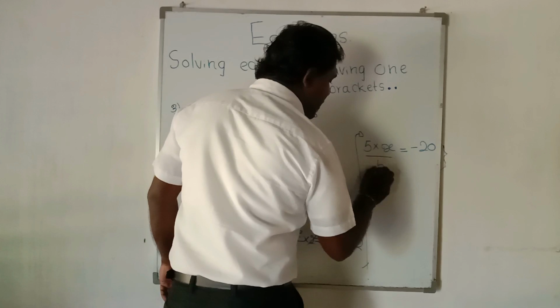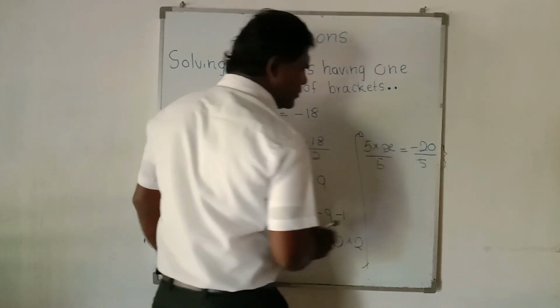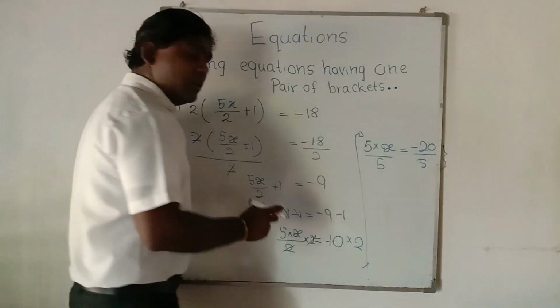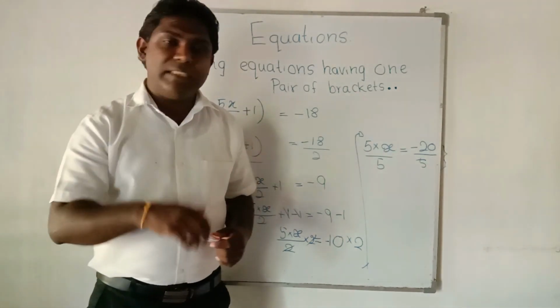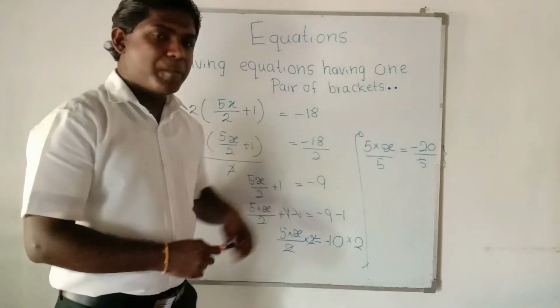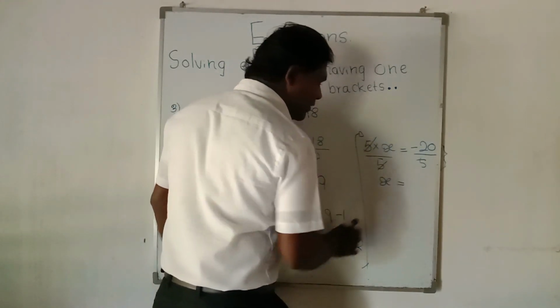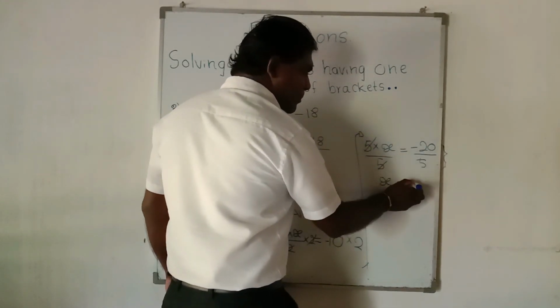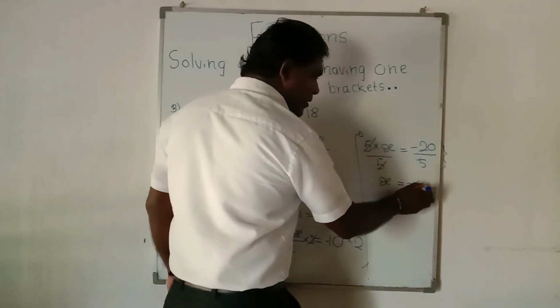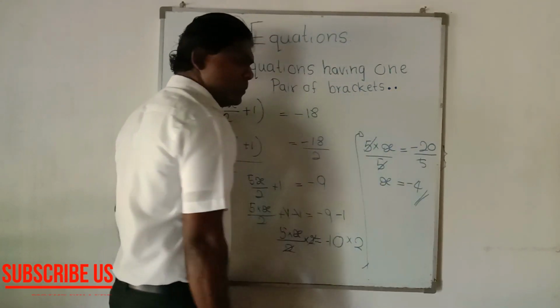Then divided by 5. Why divided by 5? Here it is multiply, and the opposite operation is division by the same value. 5 to 5 cancel, x equals minus 20 divided by 5, which is minus 4.